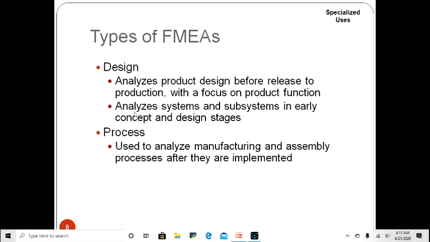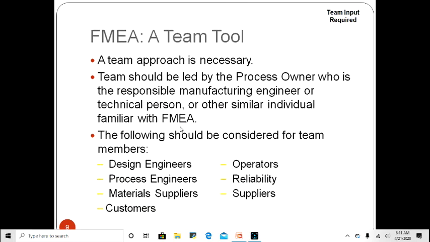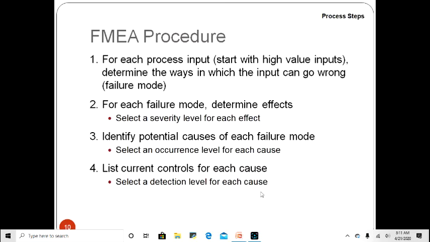So that is a process FMEA where you apply it. Okay, so it's a tool, and there are so many people who are involved in it because design people should be involved, process engineers are involved, material suppliers will be involved, and customers are involved to do this analysis. And it's a teamwork. It's not that one person is doing this risk analysis, it's a team of people who will be involved in it.